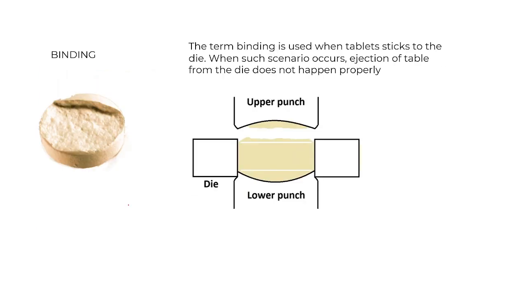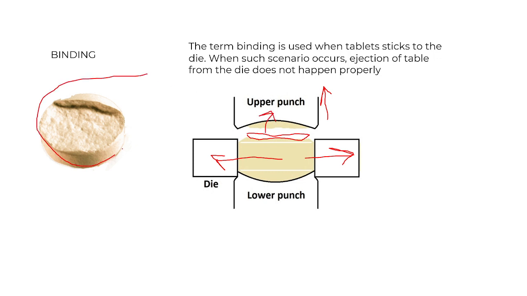Next one is binding. Binding is nothing but the tablet sticking to the die cavity. The tablet sticks to the die cavity because of this. When the upper punch is removed upward, some of the surface of that particular tablet is taken up by the punch.